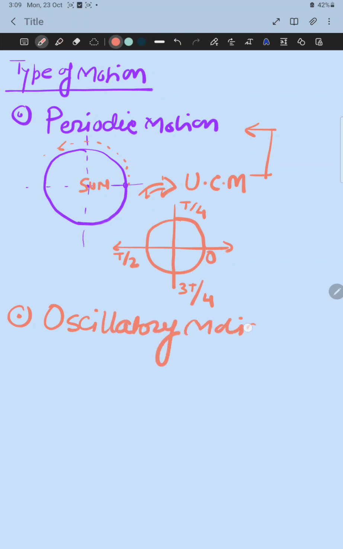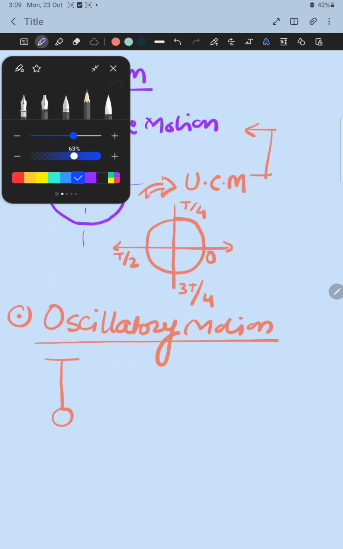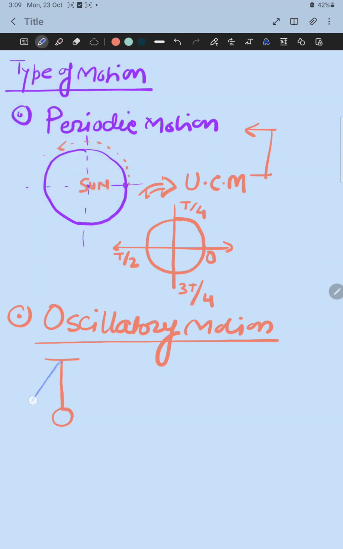If you are talking about oscillatory motion, the famous example is the pendulum, oscillating about some mean position to and fro.